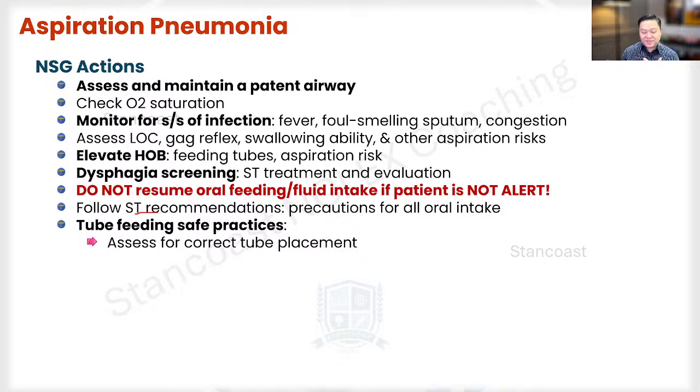Well, of course, if it's acidic, then there's a higher chance that the tip of the nasogastric tube is well placed in the stomach. Now, if it's alkaline, then that's not going to be a safe sign, right? Maybe it's already dislodged into the airway.